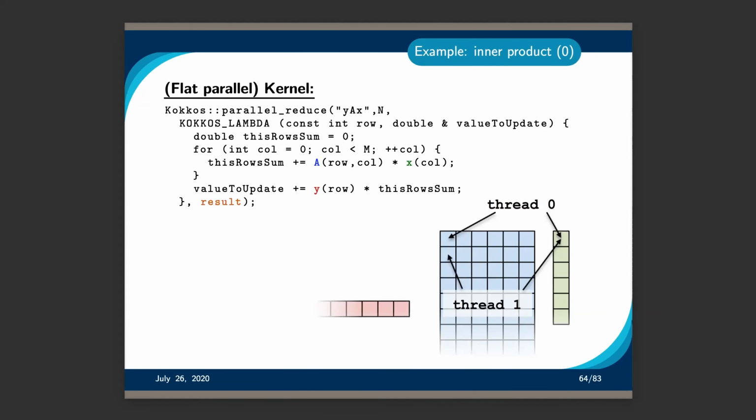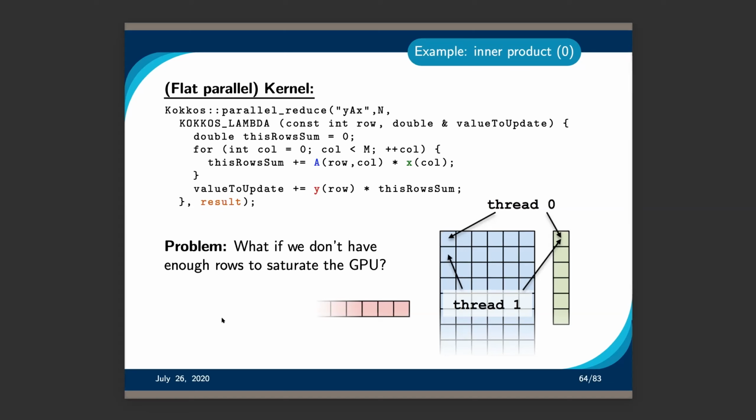So let's think back about this exercise. What we did there is we parallelized over the number of rows, and then just had a serial loop over the column index. Now, the problem is, what happens if we don't have enough rows to saturate the GPU?